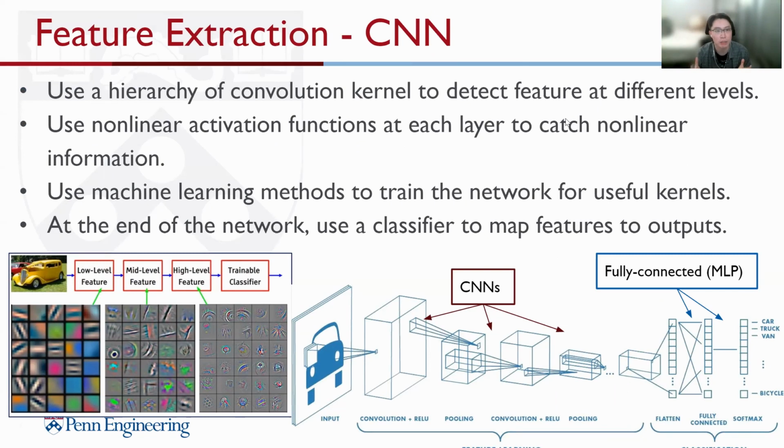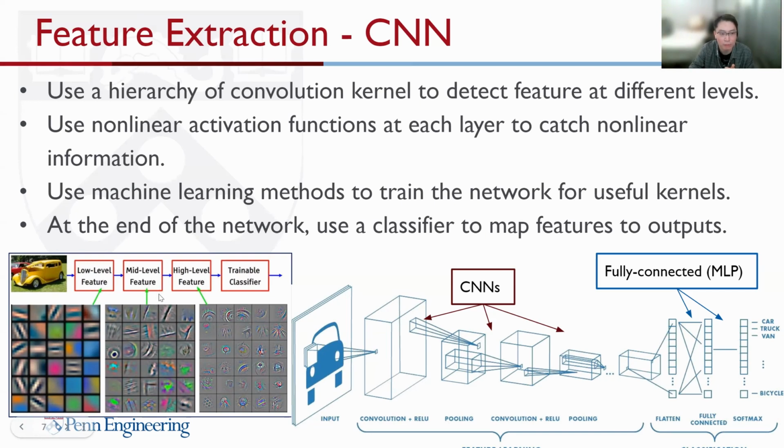For feature extraction in deep learning, we primarily use convolutional neural networks. If we look at the diagram over here, the lower level convolutions will output low level features. It's usually edges or maybe corners in some channels.